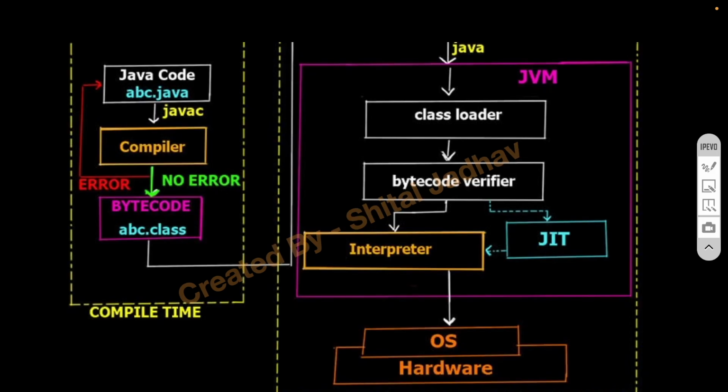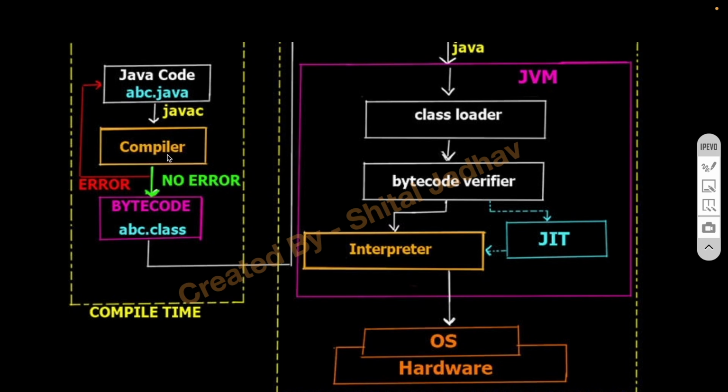Now this is the bigger diagram with a detailed explanation of what is happening internally. I got it from the internet and it is very useful, so let's go through this. Very first, we have written our Java code and saved it in the abc.java file. Then to compile this code we use the javac command and the compiler compiles it.